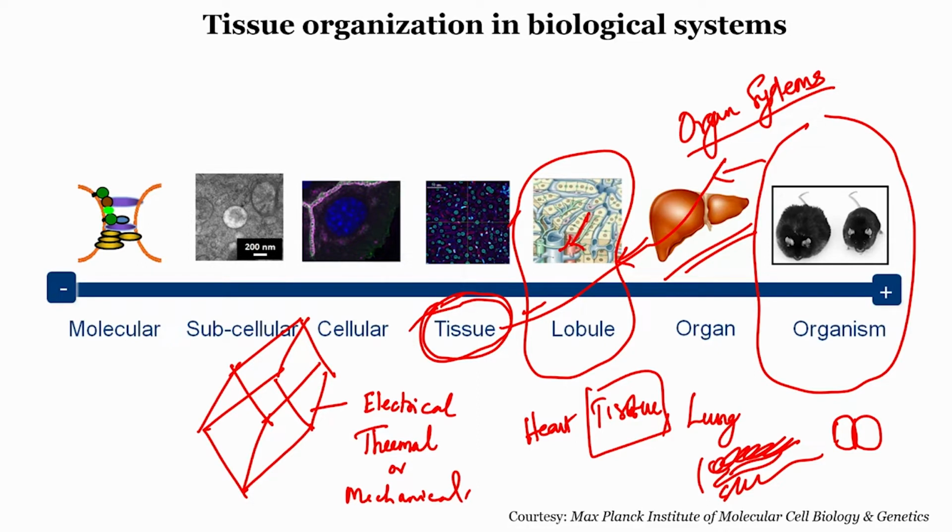Okay. So tissues are again in turn made up of cells. Different types of cells are there: nerve cells, epithelial cells, endothelial cells, a lot of different types of cells.